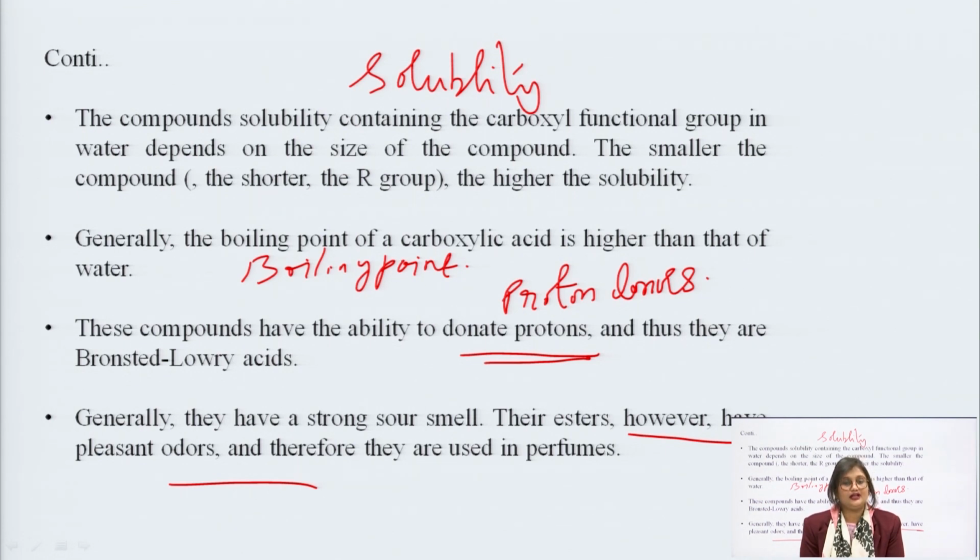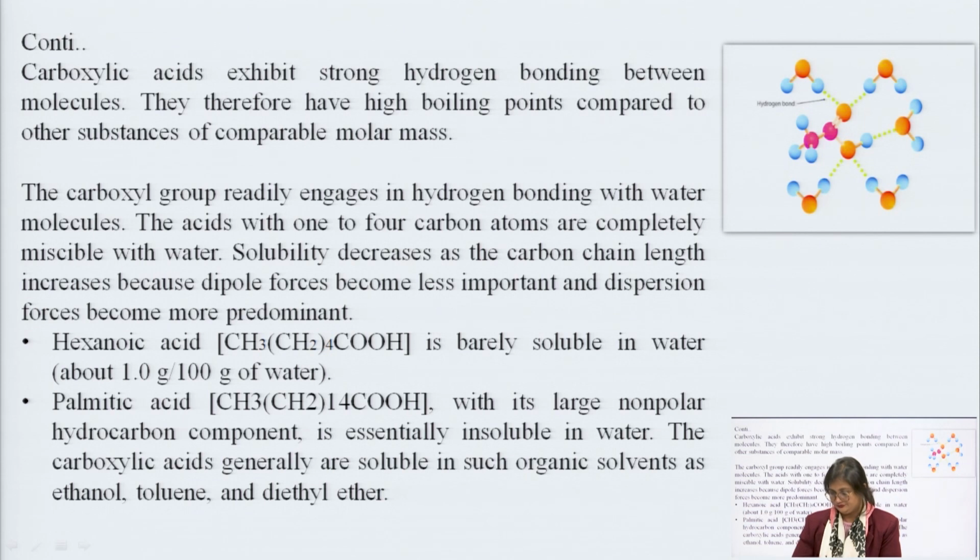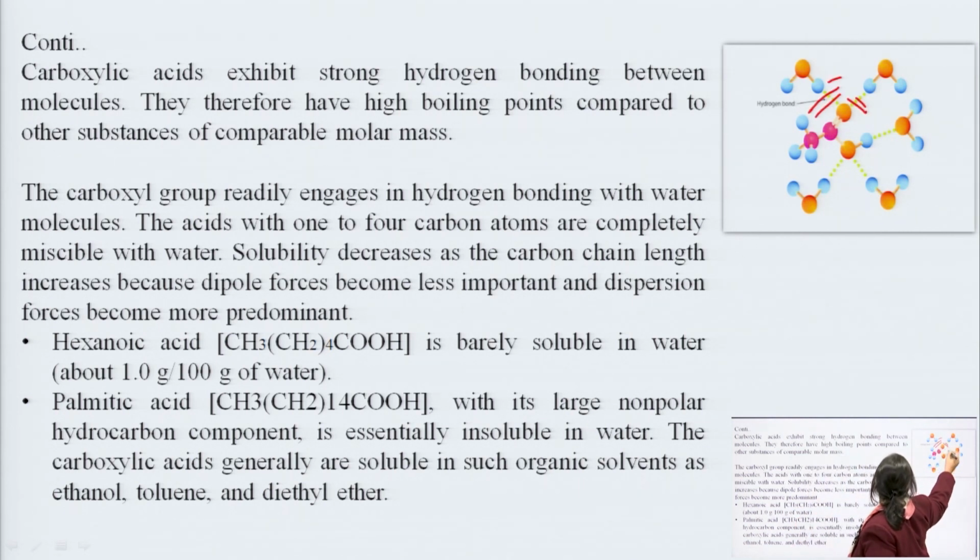Now, generally these acids have a strong sour smell, a disagreeable odor, but the esters of these carboxylic acids have a fruity, pleasant odor. Hence, they are used in perfumeries. Next, as we have discussed earlier, carboxylic acids exhibit strong hydrogen bonding between the molecules.